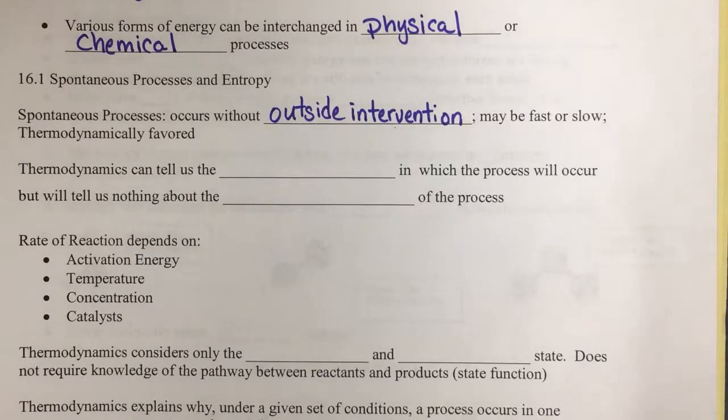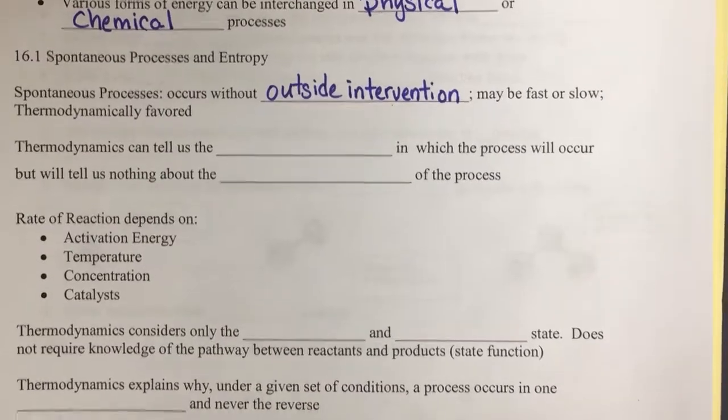Now for example, if I leave iron outside, it will eventually start to rust. This happens spontaneously. It's not going to happen in a matter of seconds or minutes or even hours, but it will happen on its own without me doing anything to it, okay? So that's spontaneous.